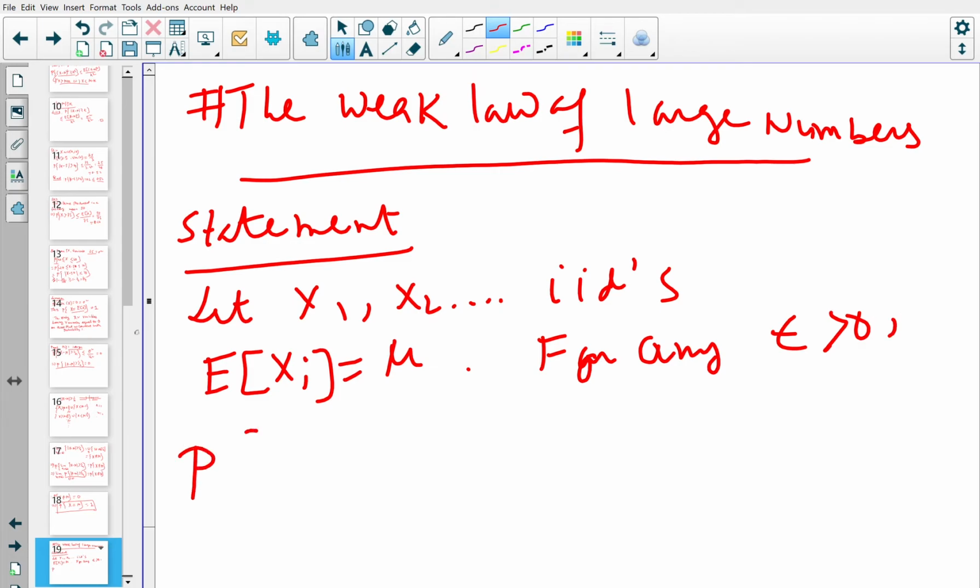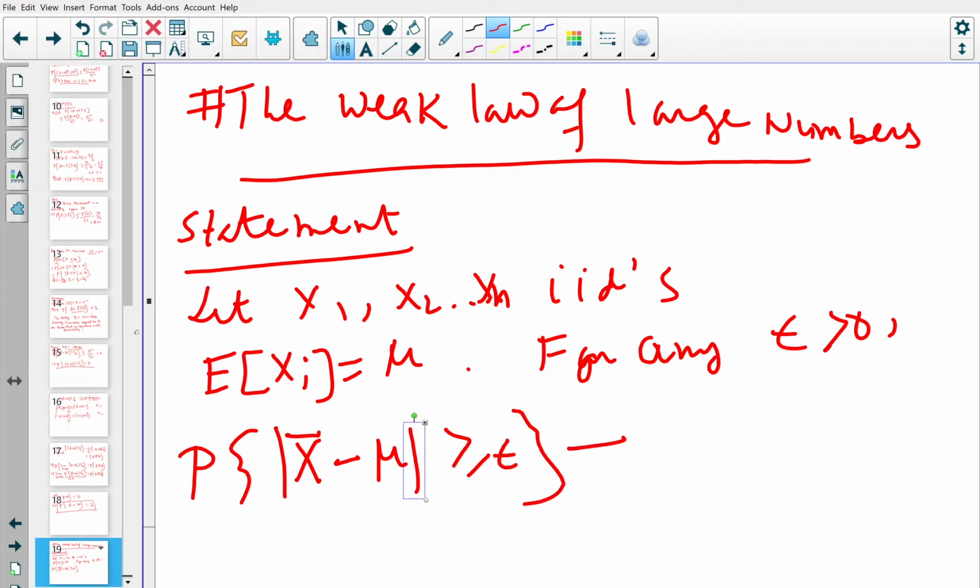The probability that the difference between the sample mean and the original mean is greater than or equal to epsilon tends to 0 as n tends to infinity.